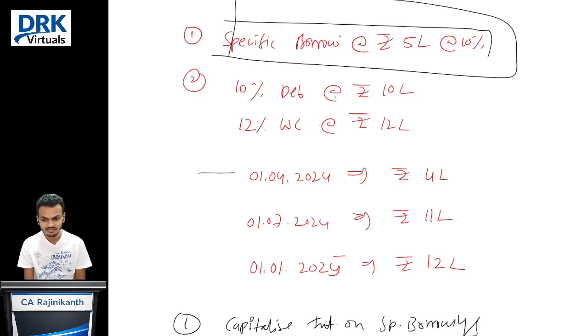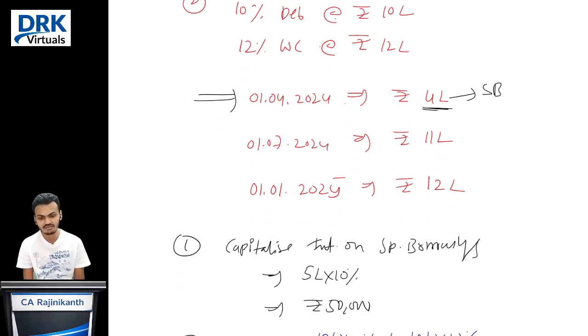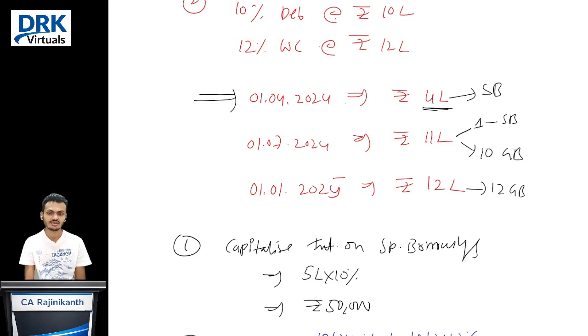So out of the 1st April 2024 expenses of 4 lakh, assume this 4 lakh is incurred from specific borrowing. And next one, this 11 lakh: out of 11 lakh, 1 lakh is incurred from specific borrowing, and the next 10 lakh is from general borrowing. And this is completely 12 lakhs, correct? This 12 lakh is completely from general borrowing.